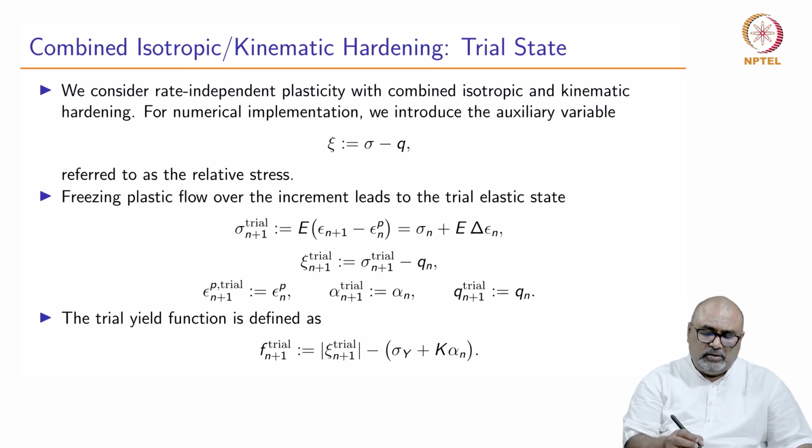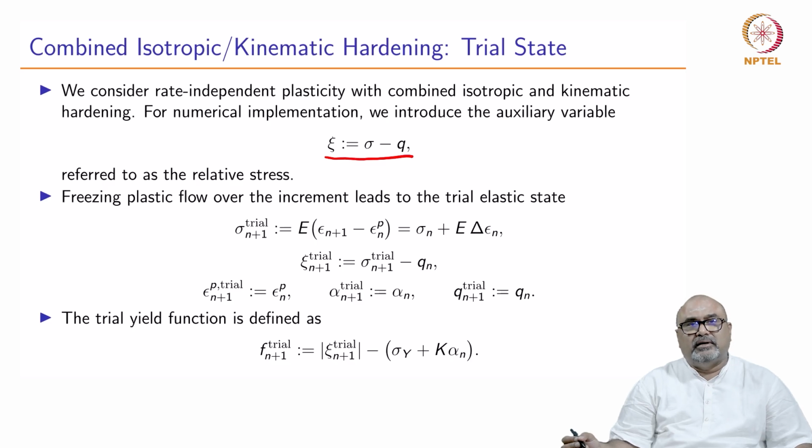We define an auxiliary variable, called the effective stress or relative stress, defined as the actual stress state minus the back stress, where the back stress can be obtained from Ziegler's rule, where Q corresponds to the kinematic hardening variable.